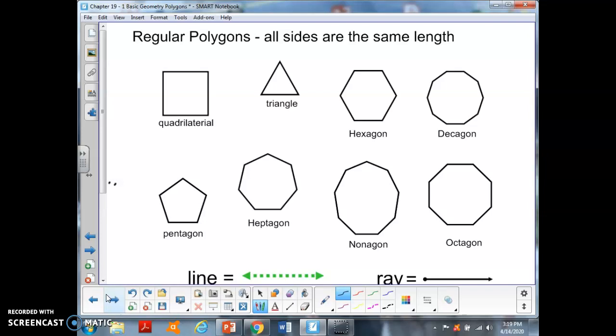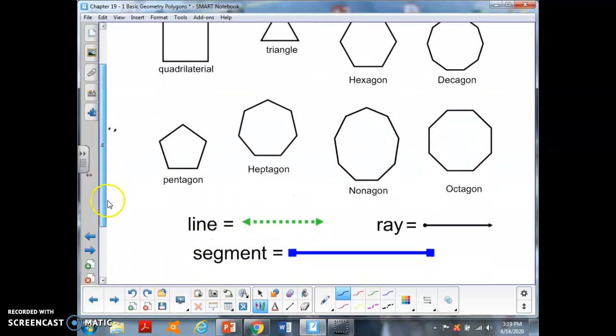Pentagon, 5. Heptagon, 7. Octagon, 8. And nonagon, 9. You'll label those on the back side of your sheet. Different polygons. They all have straight sides, no openings, all closed.